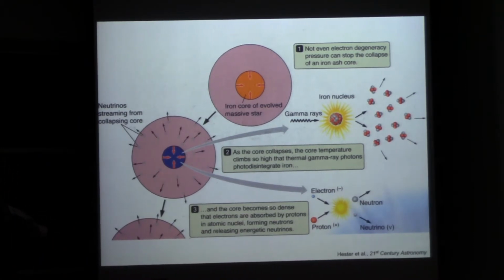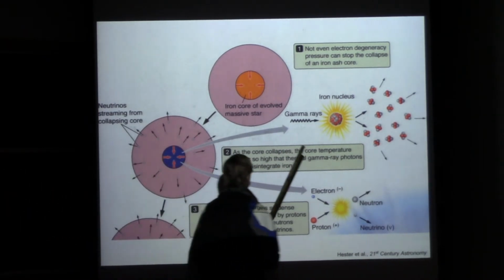The silicon burning shell keeps dumping iron on the core, and there's a maximum mass, about 1.4 solar masses, that degeneracy pressure can support. And so eventually, the core becomes too massive for even very stiff electron degeneracy pressure to support it, and that's what's going to make the star blow up. So not even electron degeneracy pressure can stop the collapse of an iron ash core. And so it begins to collapse.